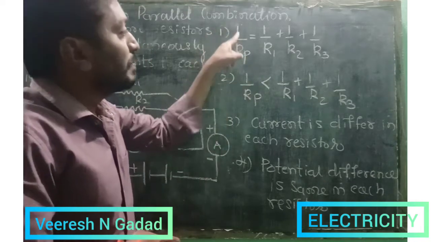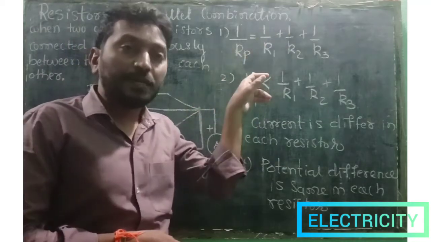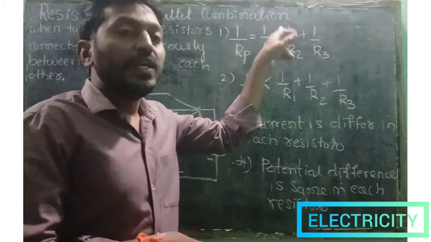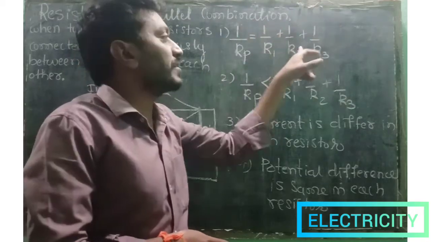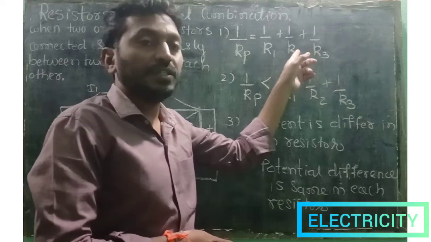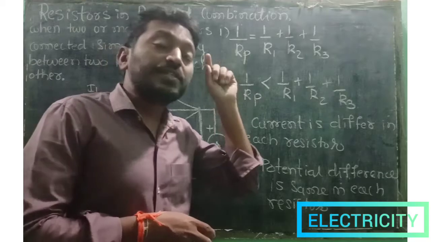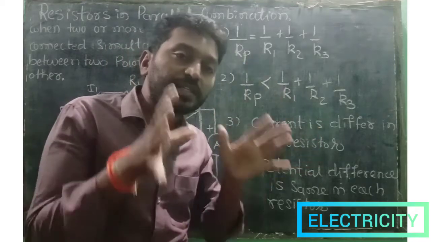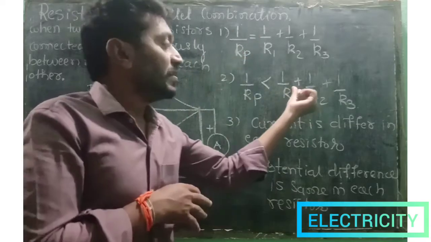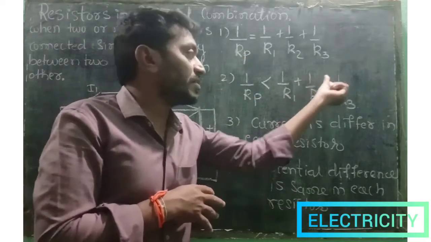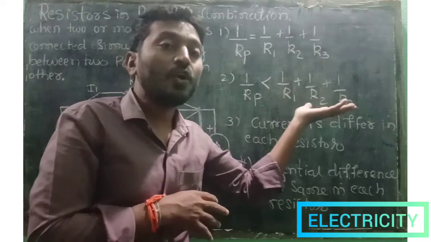So the reciprocal of the resistance in parallel is equal to the sum of the reciprocals of the individual resistances of the resistors. This is the first point. The second one: the equivalent resistance is less than the resistance of each resistor in the parallel combination.